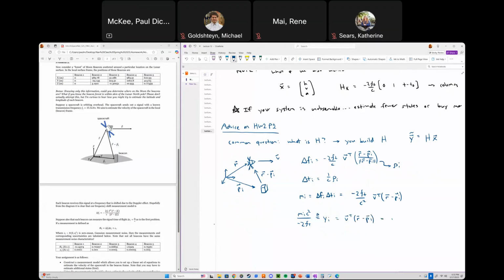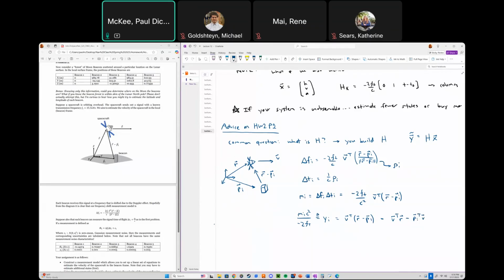Or you could say it's velocity transpose r, so the velocity projected onto your position. In this case, it's not the direction of your position. It's just the dot product of velocity and position, which on its own is kind of a useless thing. But then it's minus, and I'm going to rewrite this as p_i transpose velocity. And it's reasonable to assume that we know this p_i.